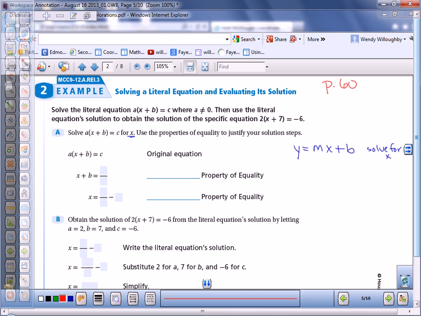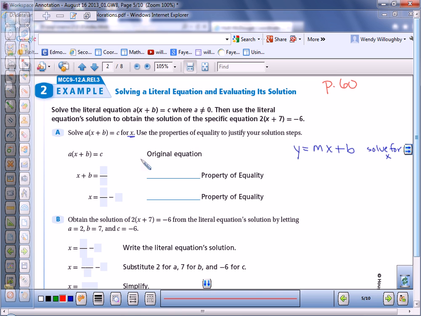So our first equation here, we have a times x plus b equals c. So this equation is currently solved for c, isn't it? Because it says c is equal to all this stuff. So now we're going to rewrite it and solve it in terms of x. We're going to use the properties of equality that we've already studied to solve for x.